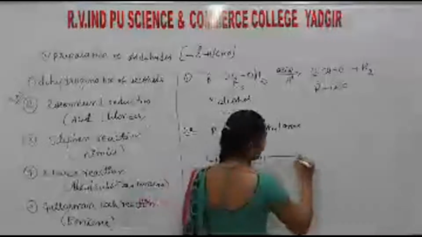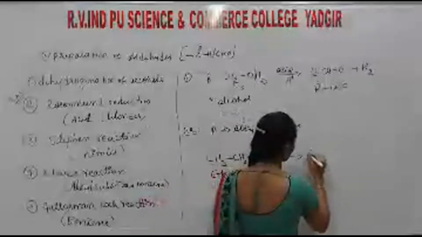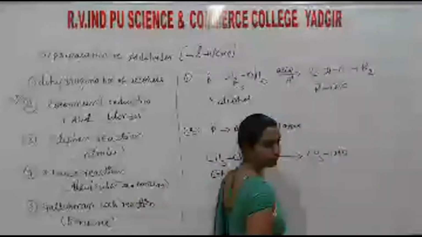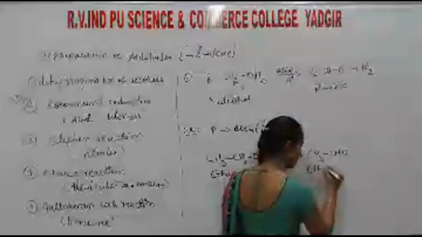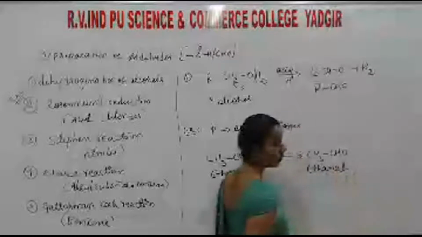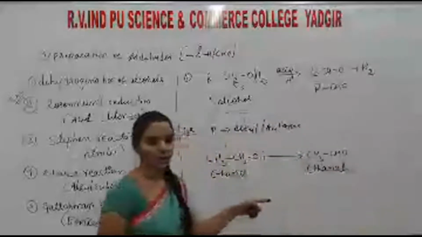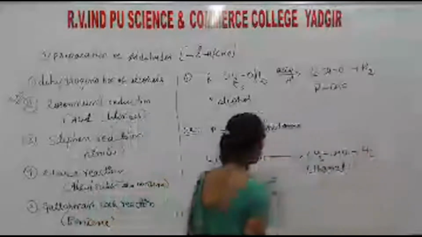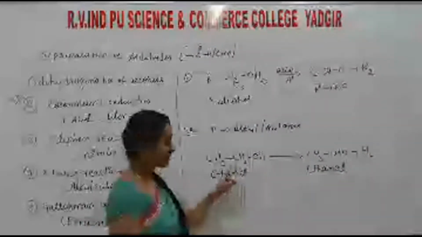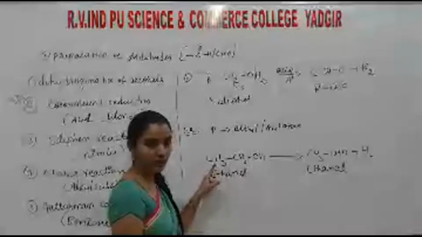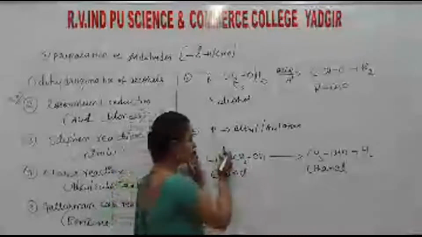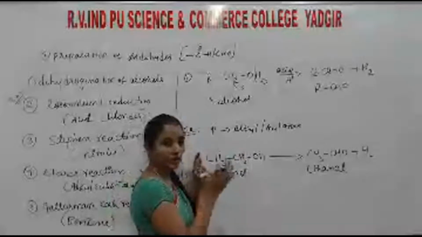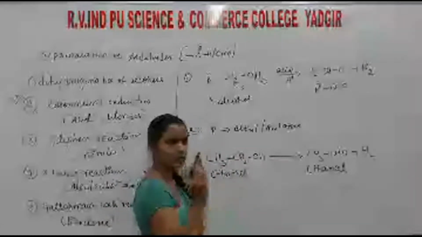Okay, so when it undergoes dehydrogenation, it gives CH3 CHO, plus H2. This is in case of an aliphatic, straight chain compound. Don't bother about this R group, whether it is a very long chain molecule or a short molecule, or any tertiary, primary, secondary.